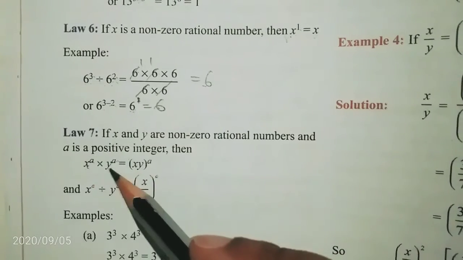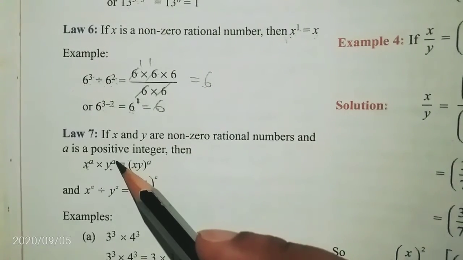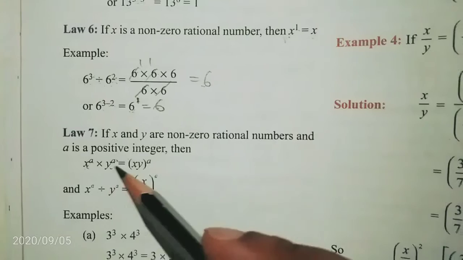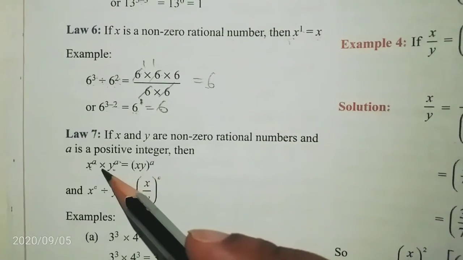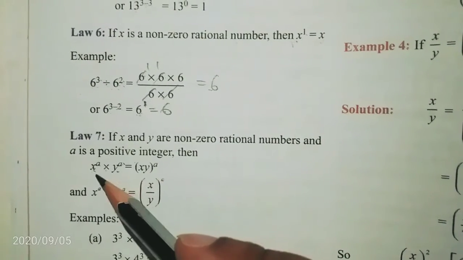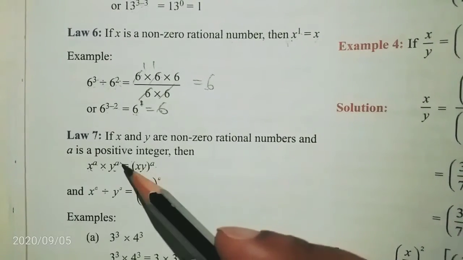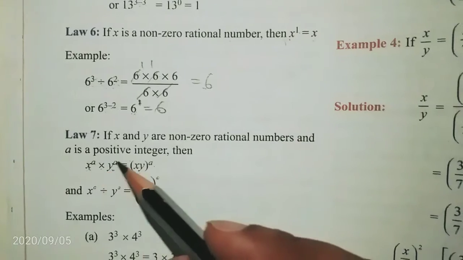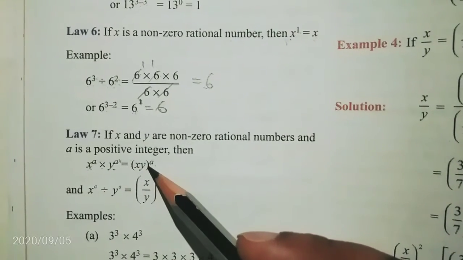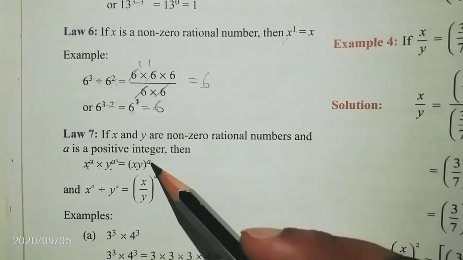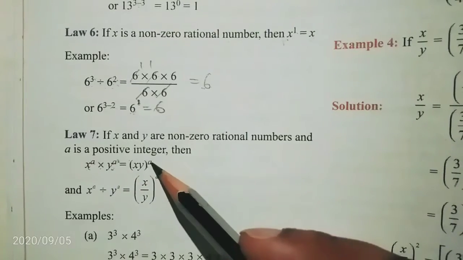When the bases are different and the power is the same, the bases will be multiplied, because this is multiplication. The power will be written one time, because the powers are the same. So x into y to the power a.